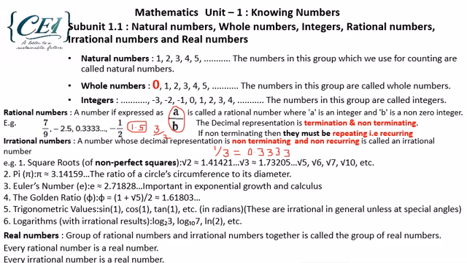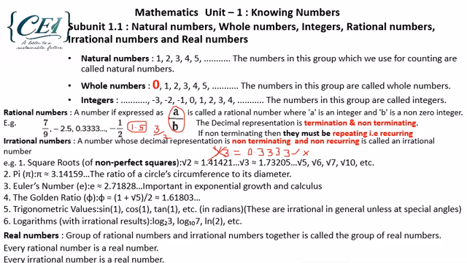The number whose decimal representation is non-terminating. So it is non-terminating, yes. But is it non-recurring? No. It is recurring. It is repeating. So 1 upon 3 is not an irrational number. So all those numbers, when expressed in a decimal representation, can be terminating or non-terminating.